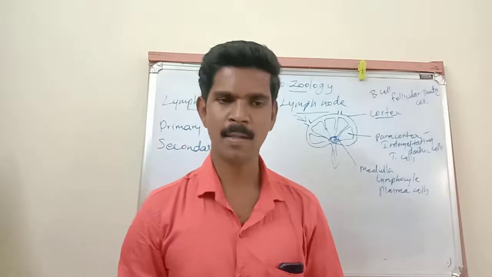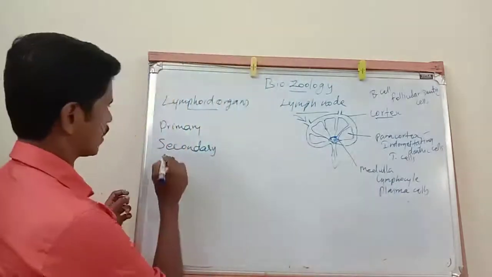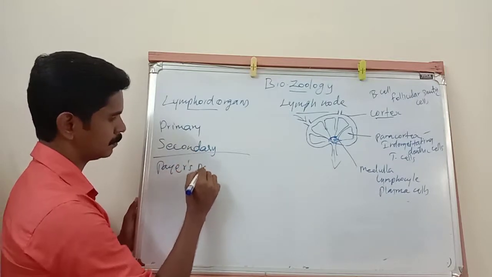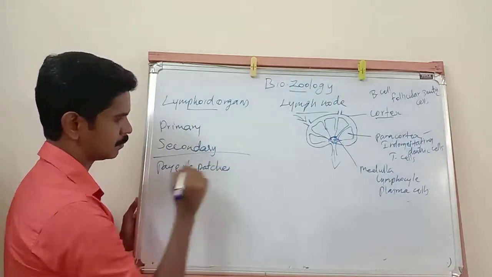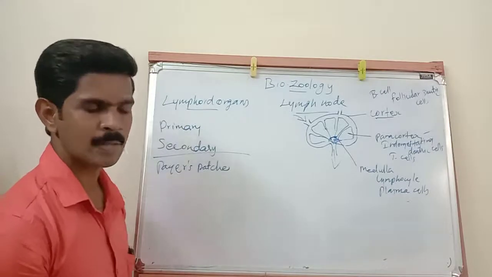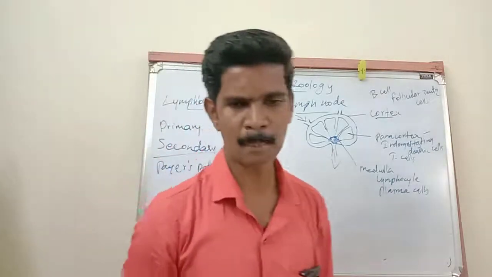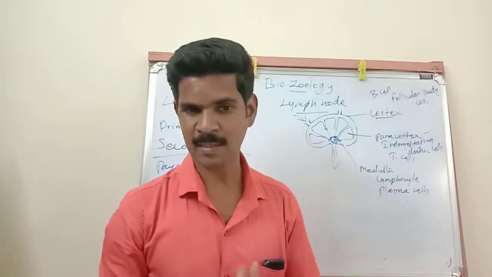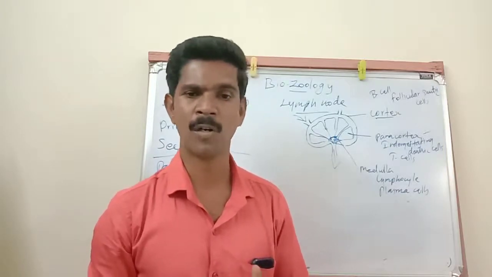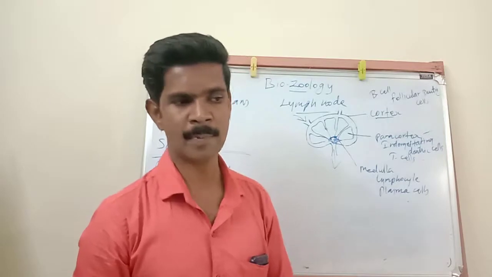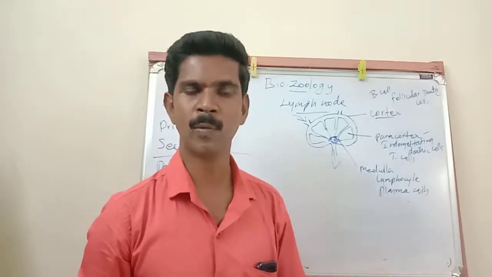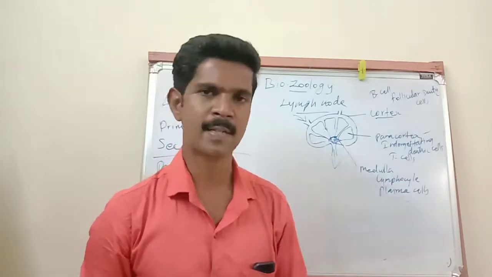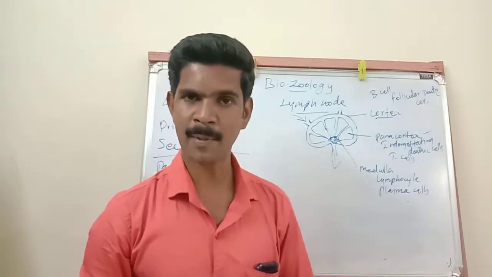The first lymphoid tissue is called Peyer's patches. Peyer's patches is an oval-shaped, very thick lymphoid tissue present in the small intestine.